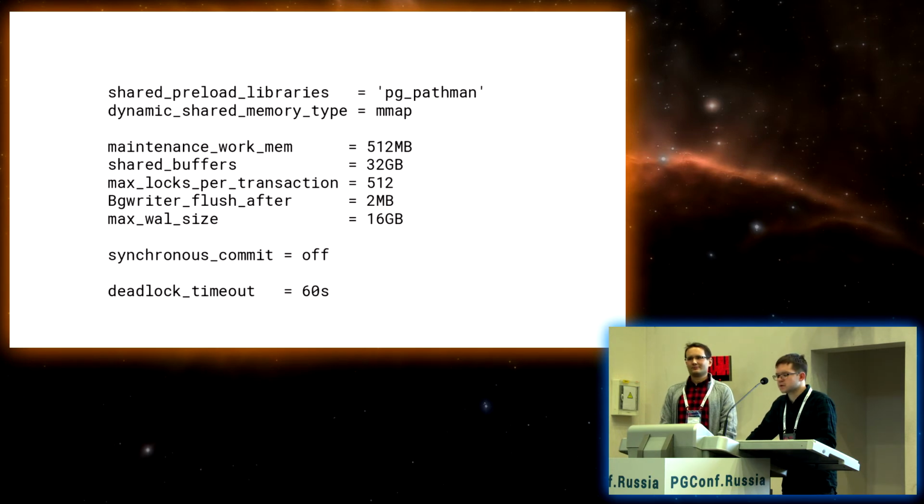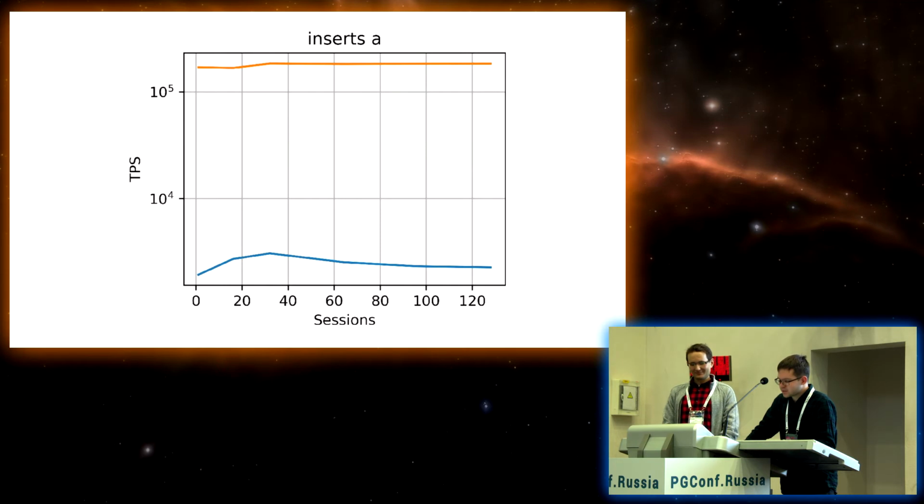And here are some settings: work mem 512 megabytes, shared buffers 32 gigabytes, synchronous commit, and to avoid hanging up, don't mention that. Don't notice that. I took it from another presentation.